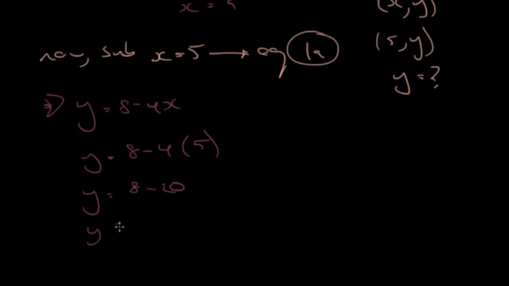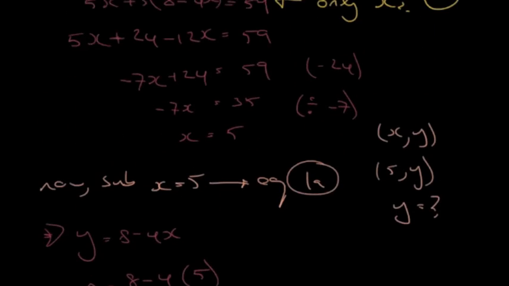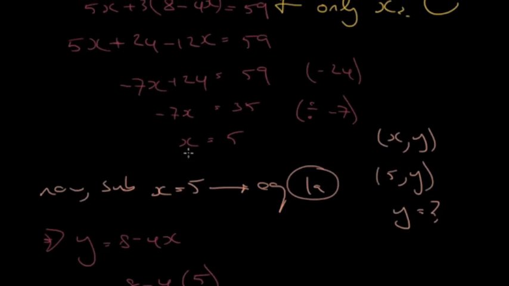So y equals, I think I made a mistake. 35 divided by negative 7 is not 5, it's negative 5. Rookie error.